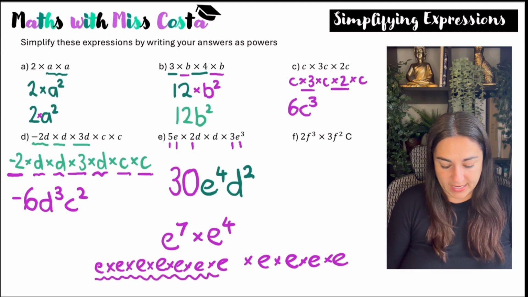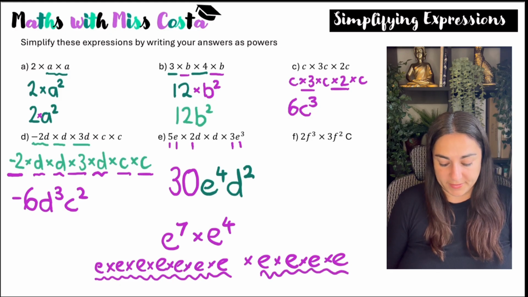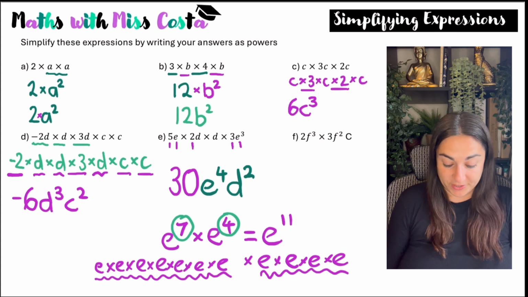So over here, I'm multiplying e 7 times and then 4 times. So in total, it's being multiplied 11 times. So that would become e to the power of 11. And the shortcut is you add the powers. So when you're multiplying indices, the shortcut is you add the powers.